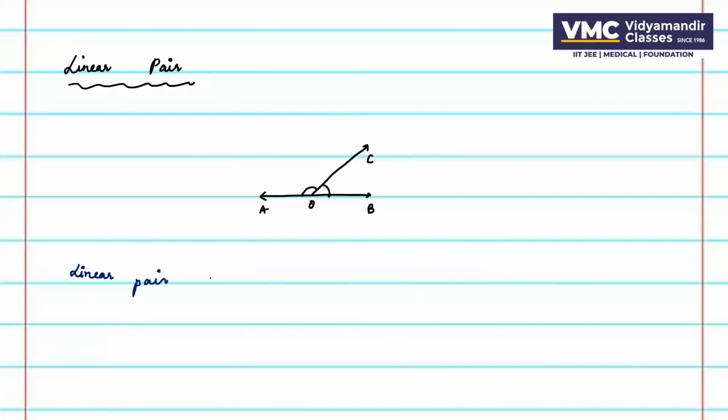Linear pair of angles are adjacent angles whose sum is equal to 180 degrees.